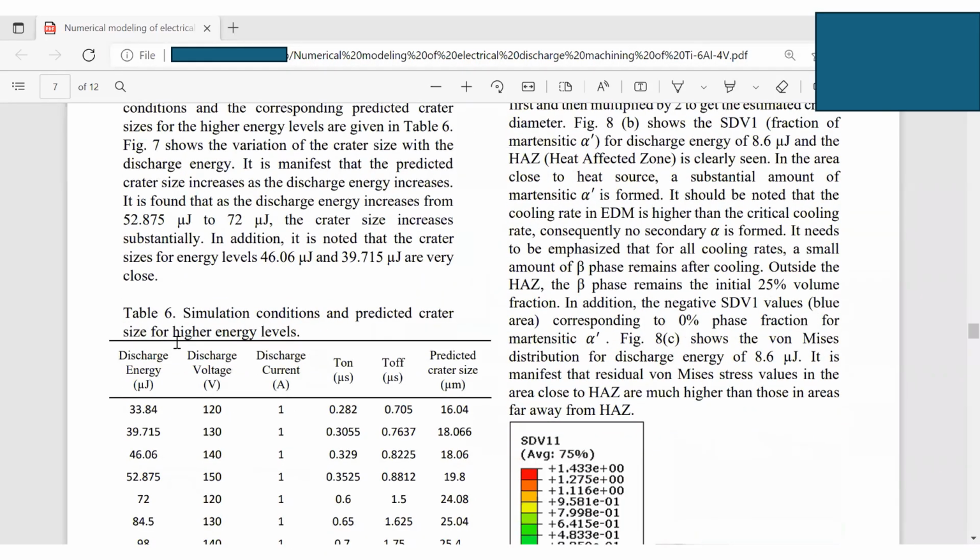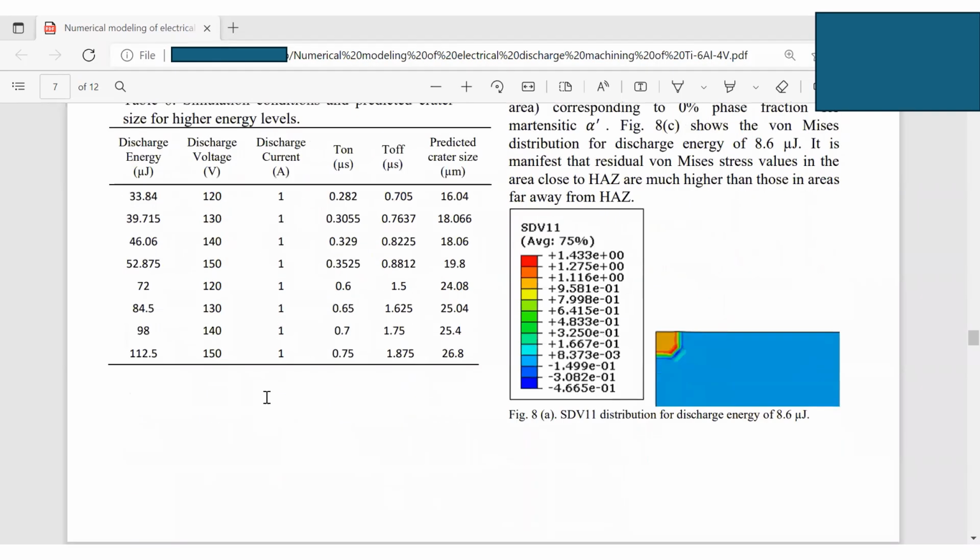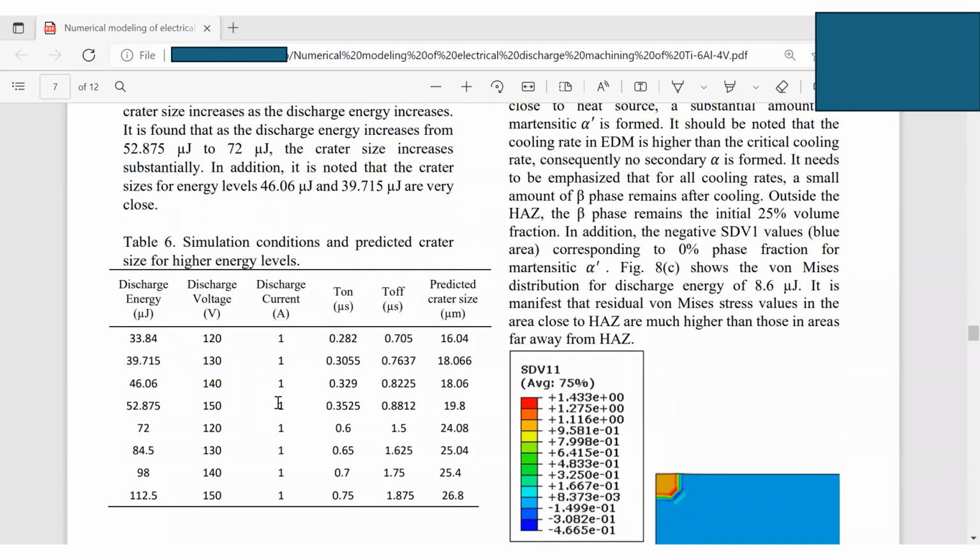So here is Table 6, simulation results and predicted crater for higher energy level. As I told you last time, predictive modeling is usually used to predict something that is physically or experimentally infeasible.